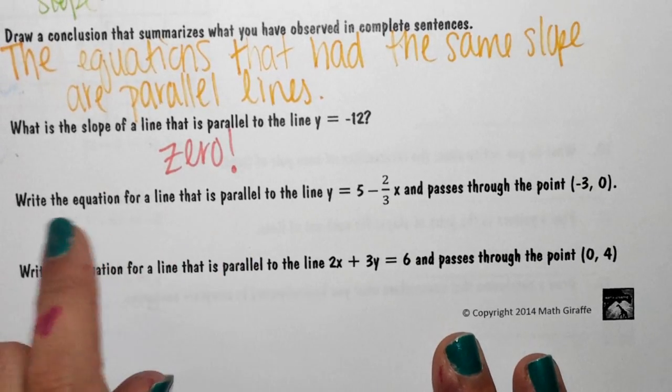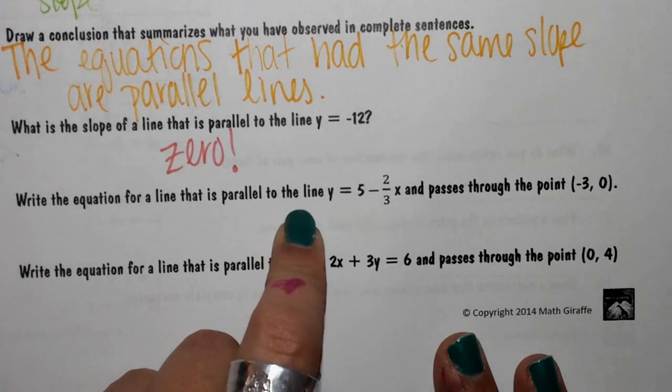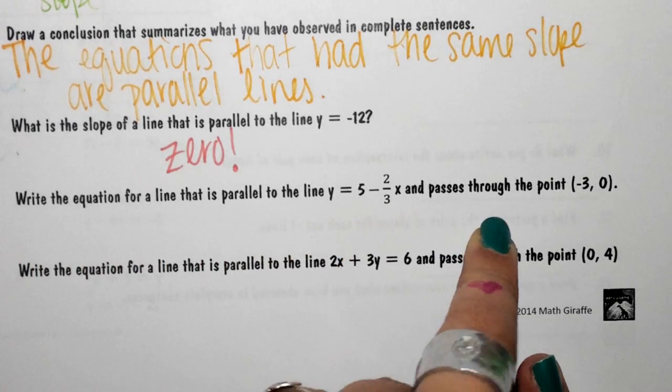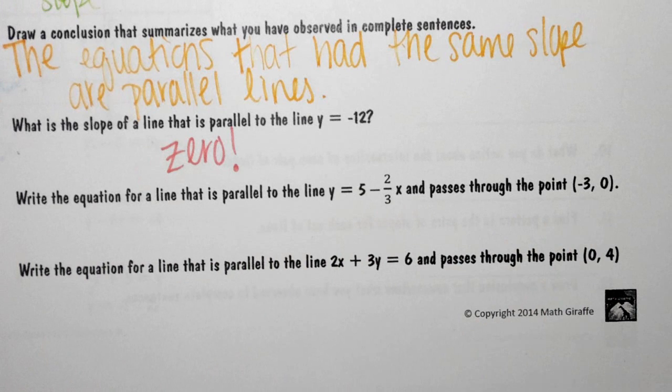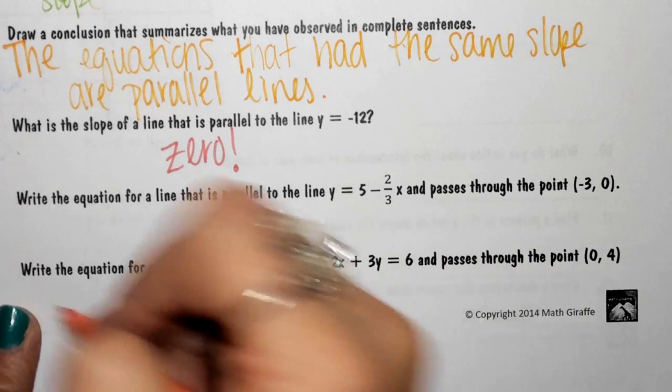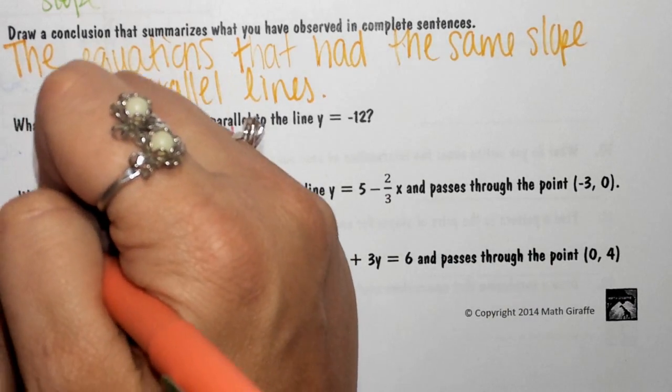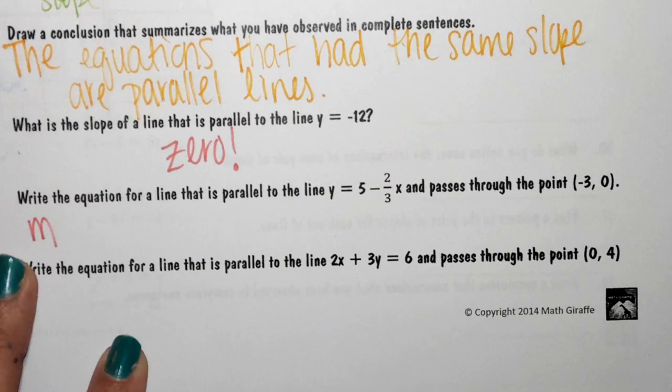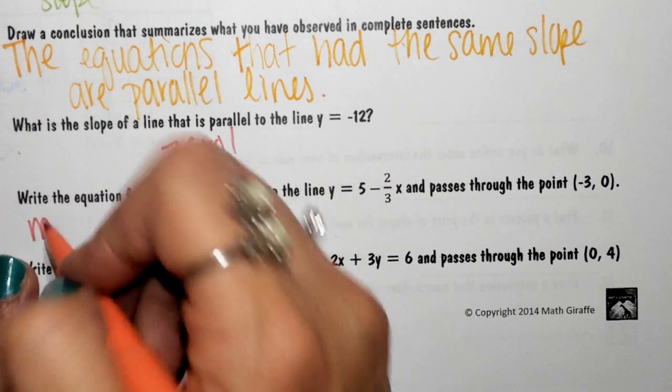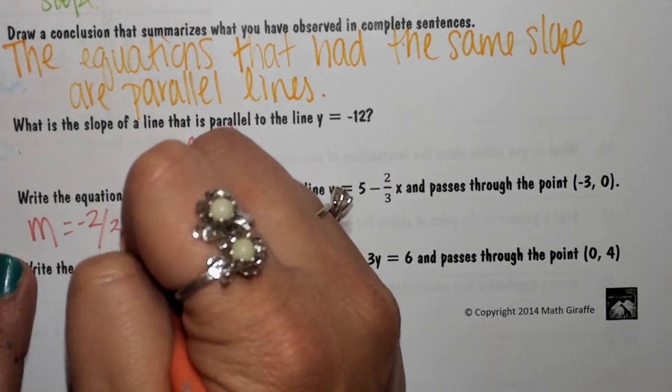Alright, number 5. It says, write the equation for a line that is parallel to this and passes through the point this. Parallel lines have to have what? The same slope. Okay, we have been listening. Alright, and what's the slope of this guy? Negative 2/3. Alright.